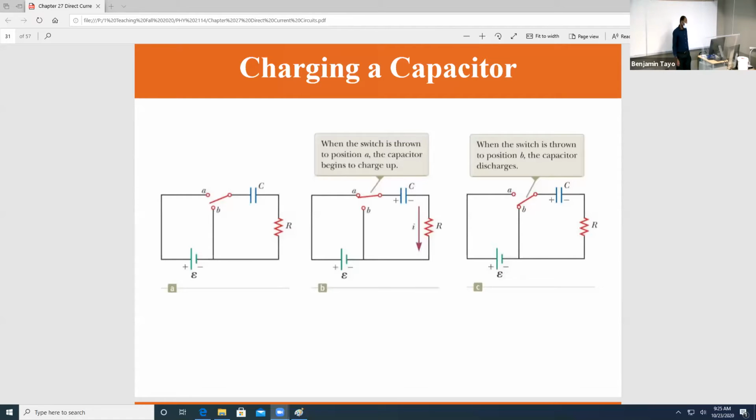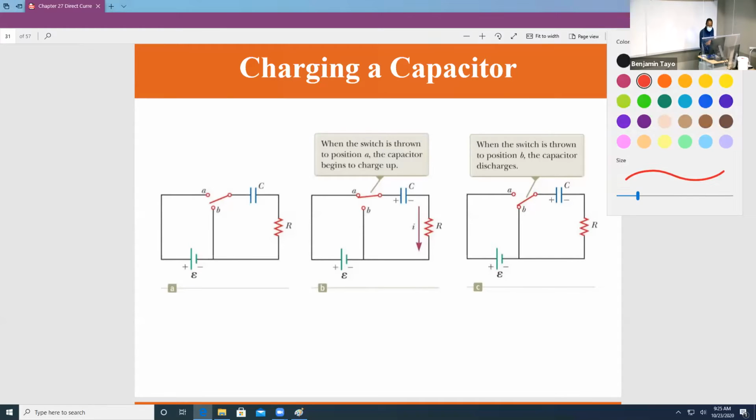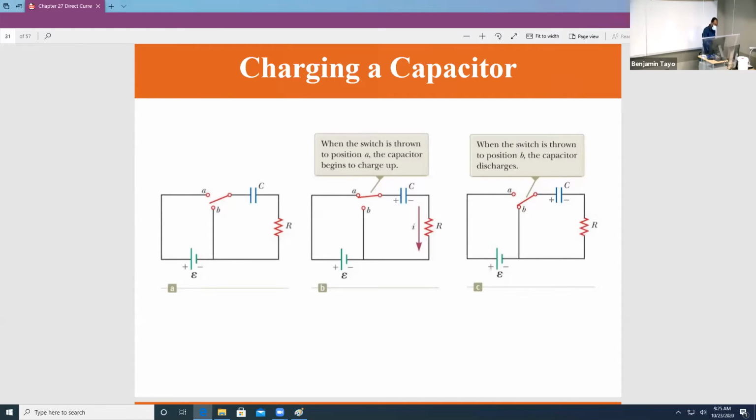So this is an example. What you see here is an example of what is called an RC circuit. An RC circuit has a power supply.